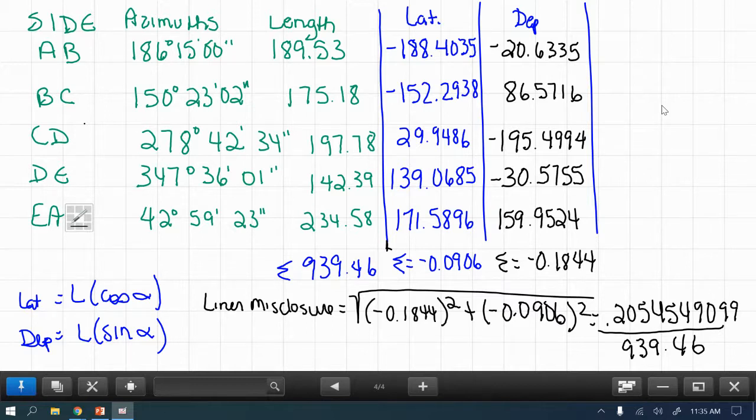I'm getting something like 0.00021369, like an e to the minus 4. You're going to hit the x to the minus 1 because that'll give you the reciprocal. And now I have 4,572. Do we keep the decimal or no? No, you just drop. So this number is called your relative precision.